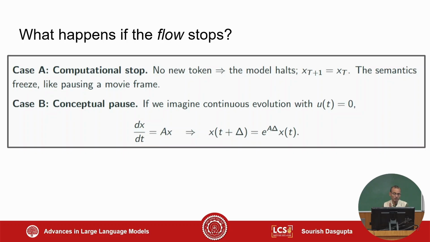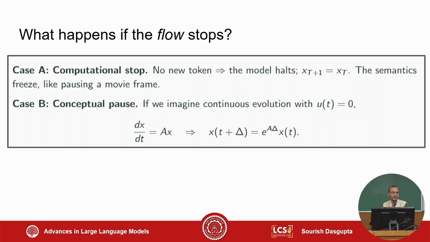So xt plus delta exists, and it is e raised to delta A times xt. So even if there is no new input, the drift will be there because it is anticipating that new things will come up at some point or the other. An unfinished sentence, as an example, right? It knows that something is going to come up.